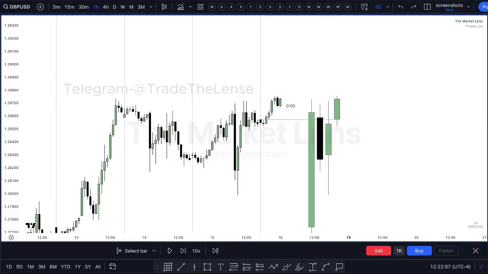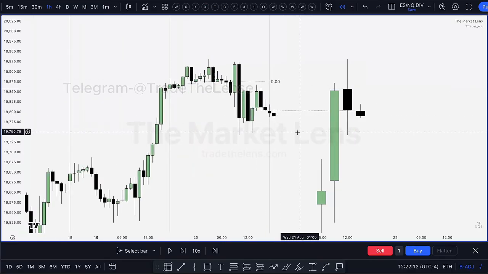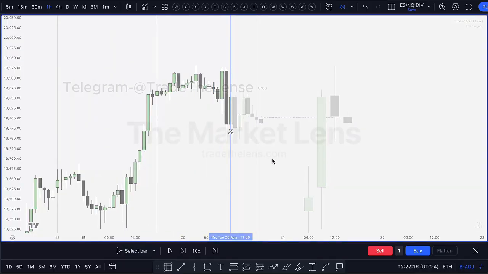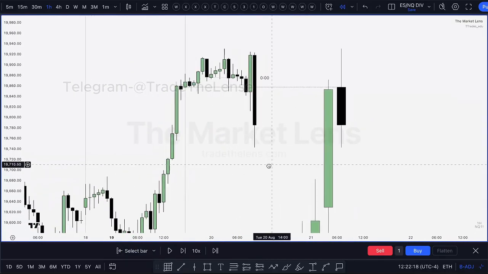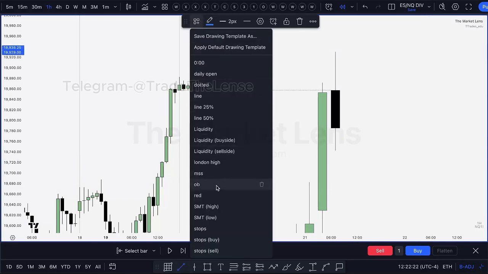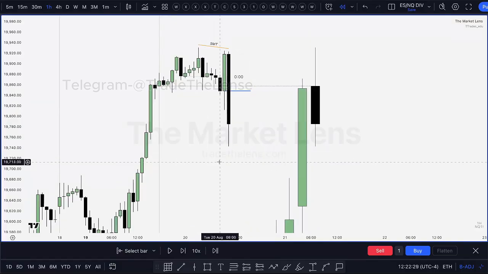Versus, let's take a look at this reversal structure here. See how it's just choppy? So ideally, if I was going to paint a picture of what I would have preferred this to look like when it was right here, we have SMT on the high, right? And then we can consider this as our change in the state of delivery because of the SMT.